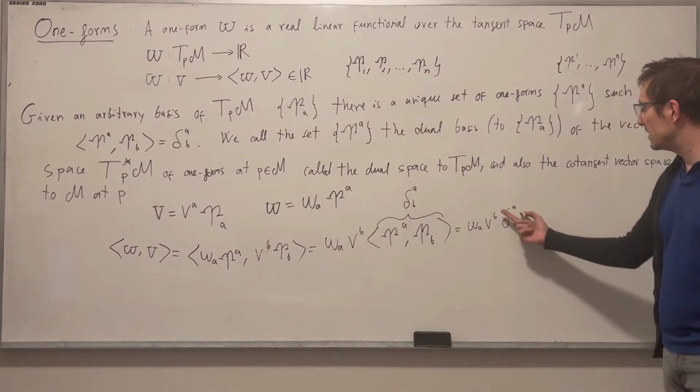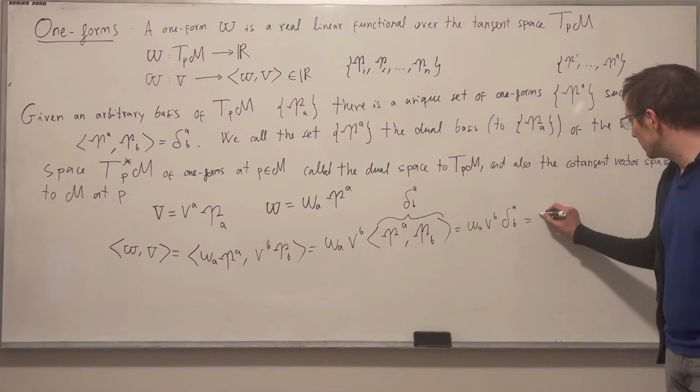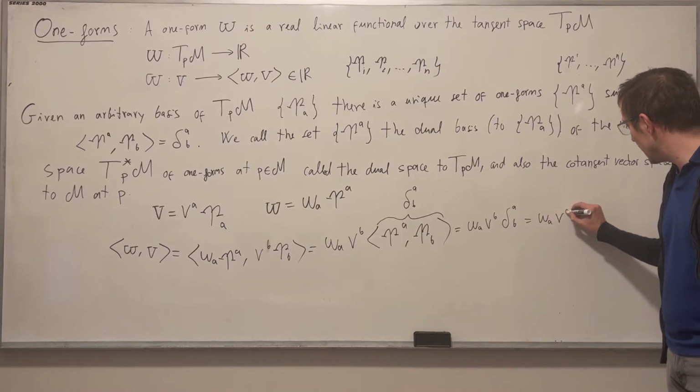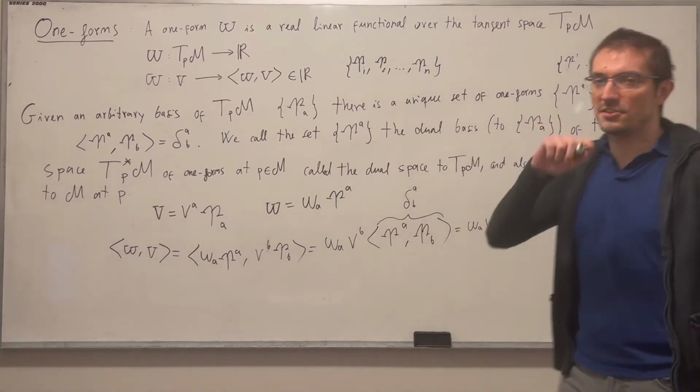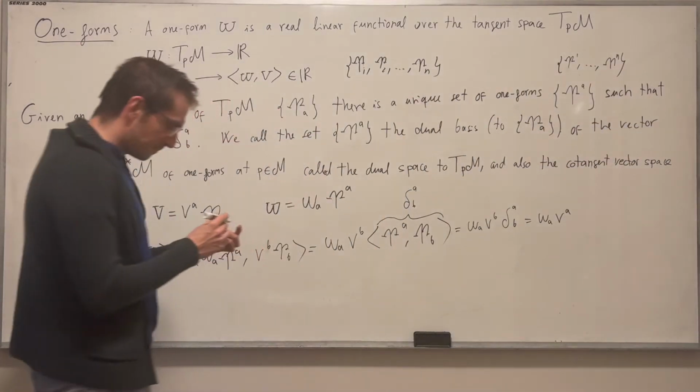And the delta, the identity, transforms the B into an A, so this is omega A, V A. We call this the contraction as well of omega and V.